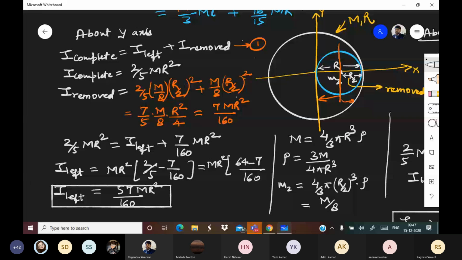Okay, let me ask you a question. Can you please explain how your answers of y-axis and z-axis are coming out to be different?